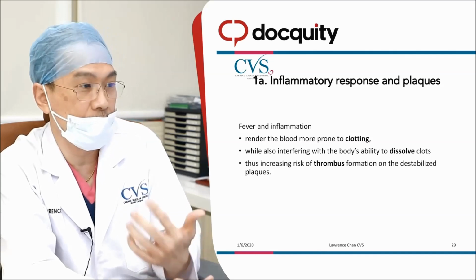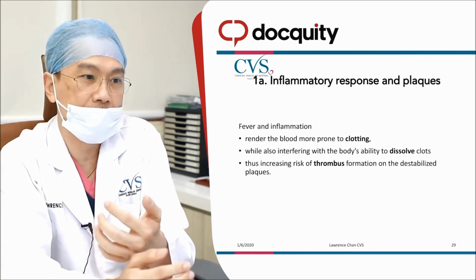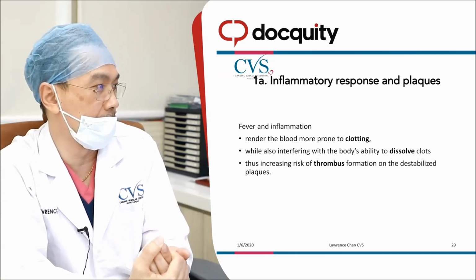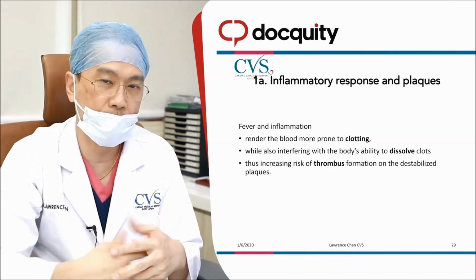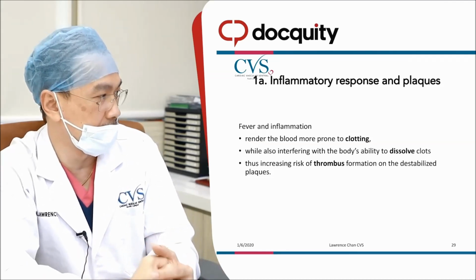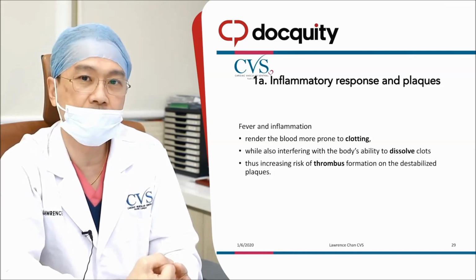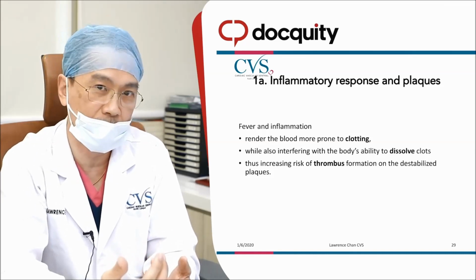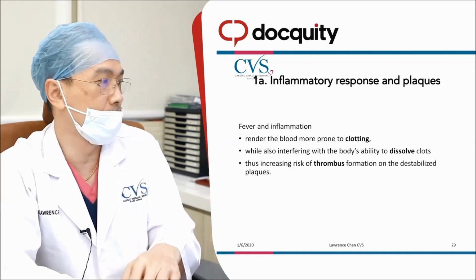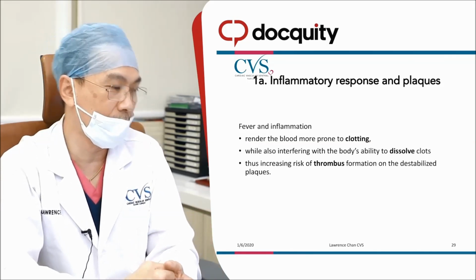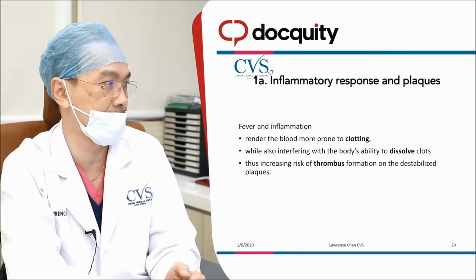Fever and inflammation render a patient's blood more prone to clotting, while interfering with the body's ability to dissolve clots. This will also increase the risk of thrombus formation. So not only would you have a ruptured plaque, but you could also have a thrombus forming on these destabilized plaques.